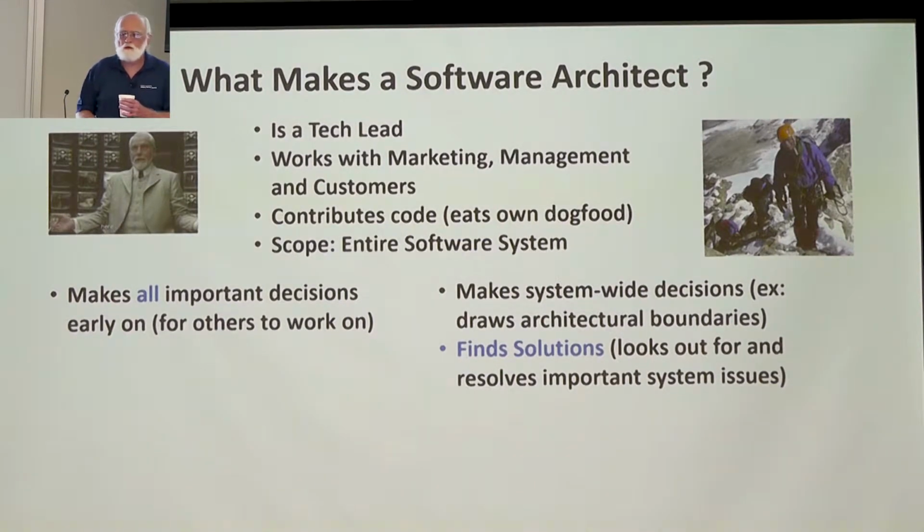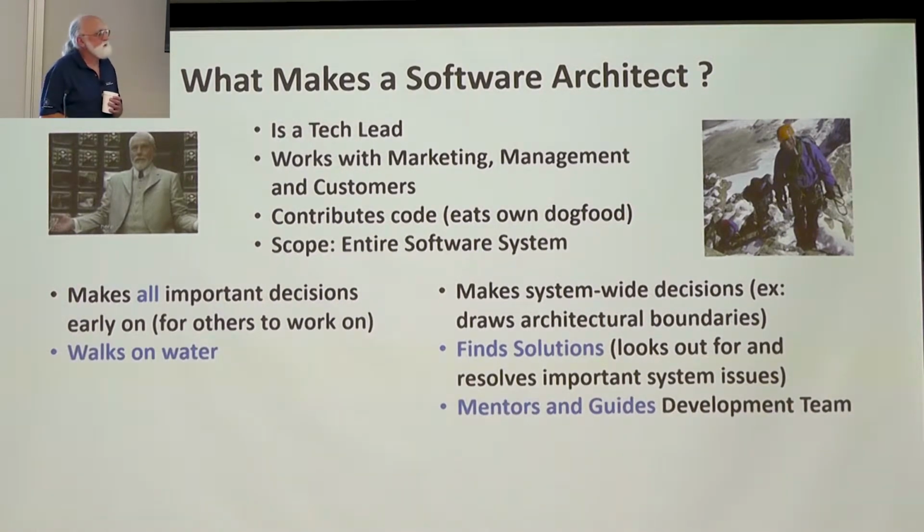The second one is kind of a Sherpa, a mountaineer guy. They watch out for the team. They make the system-wide decisions, and they're constantly looking for a curious problem and try to find solutions for them. They don't make all the decisions. They're just looking at how to safely navigate you from point A to point B.